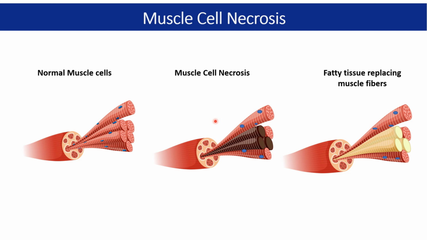As the patient gets older, the muscle cells can no longer regenerate fast enough to keep up with the constant death of myocytes. So instead, fat and scar tissues begin to fill these gaps. Since these fat tissues are unable to contract, the whole muscle gets weaker over time.